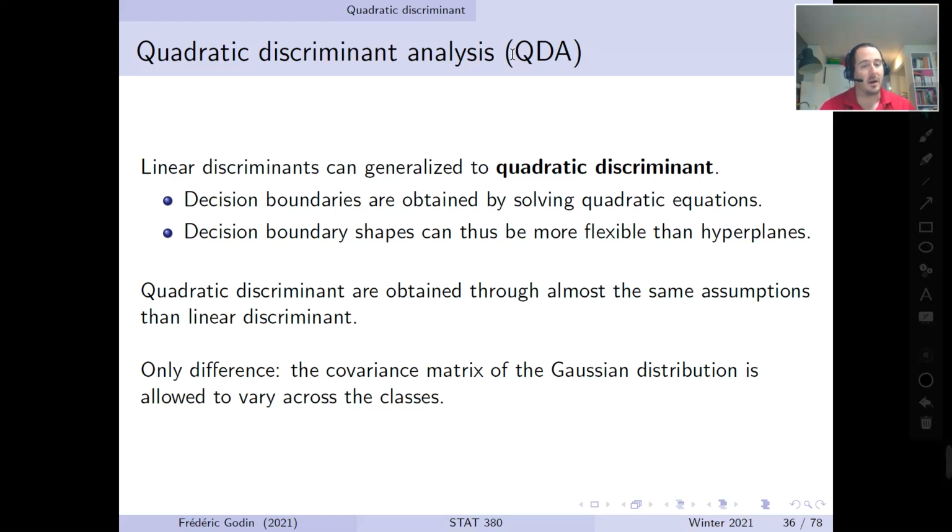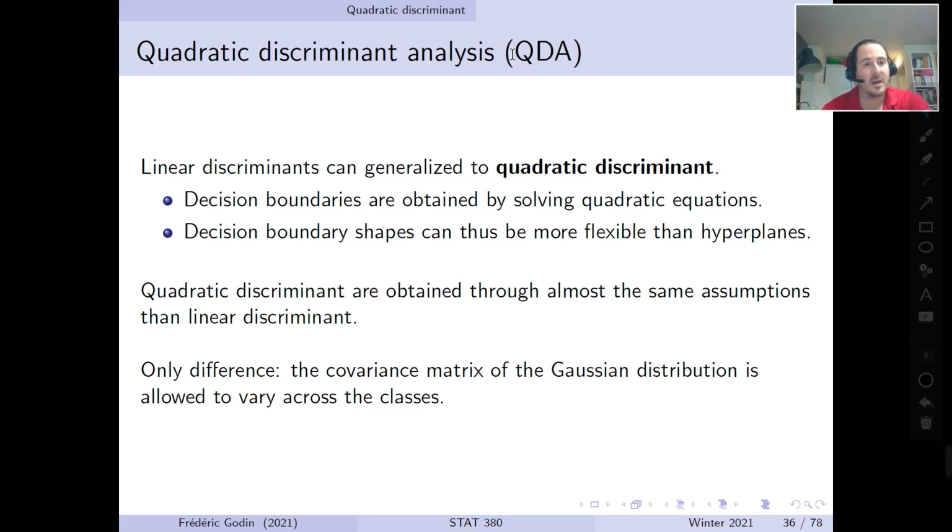So how do we obtain these classifiers? They are obtained pretty much in the same way that we did for linear discriminant analysis, but we will make one minor difference in the assumptions, and making this different assumption, we're going to see it changes the final result.